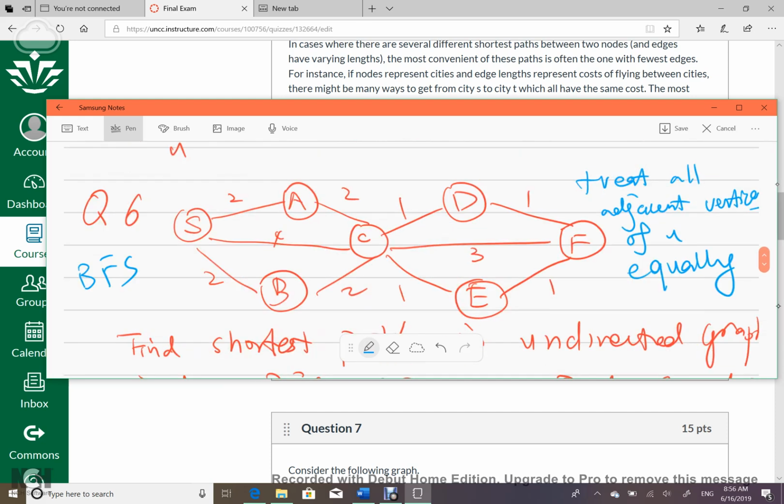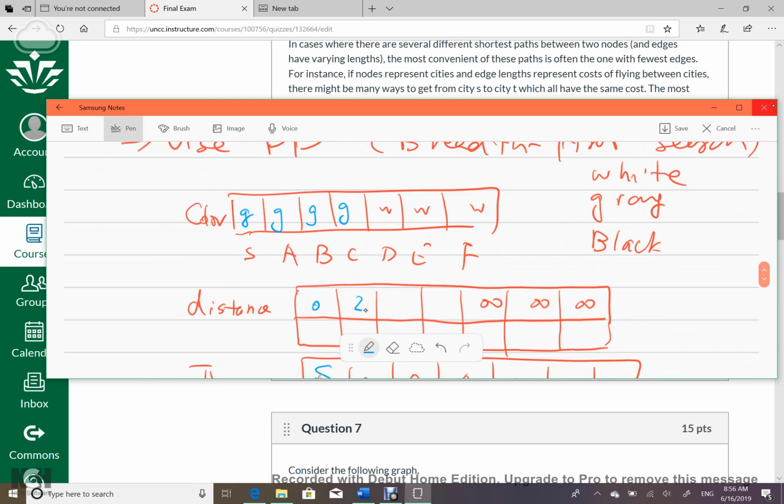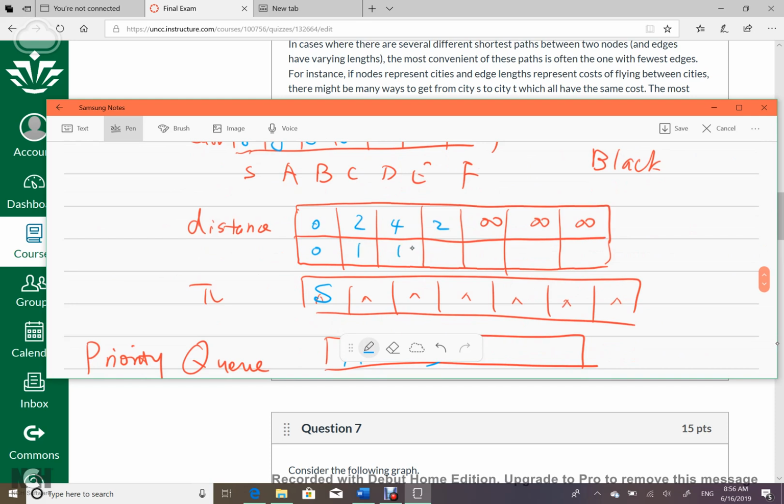So this one is changed to be 2, 4, 2, right? This is 2, 4, 2. And this is 0, 1, 1, 1, right? This corresponds to the number of hops from S to U, right?